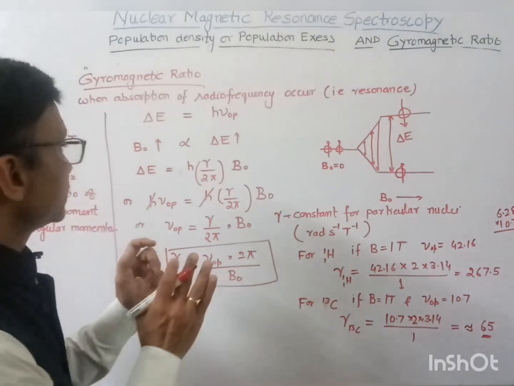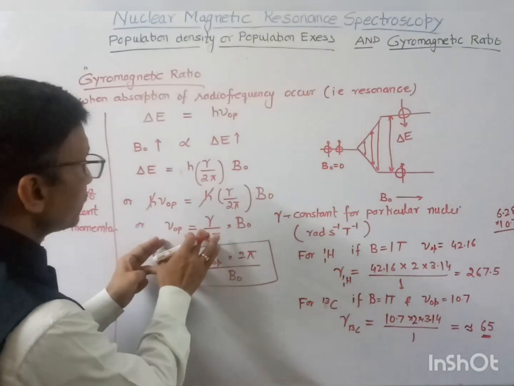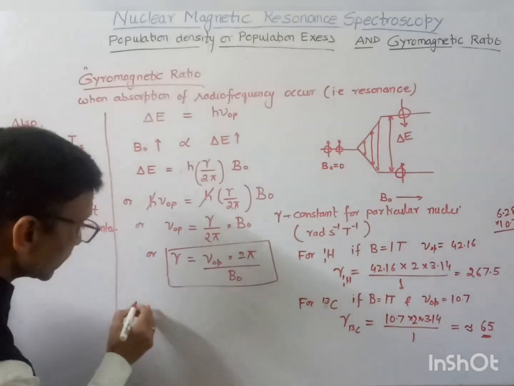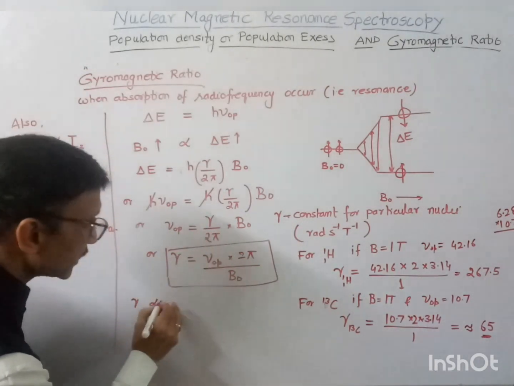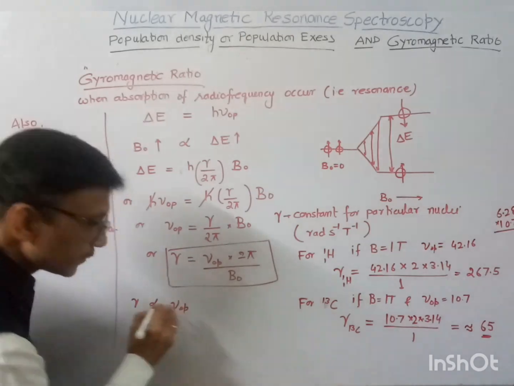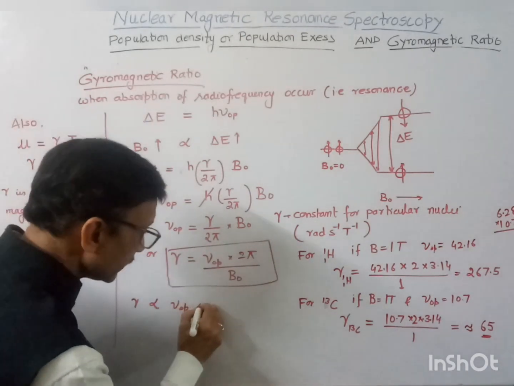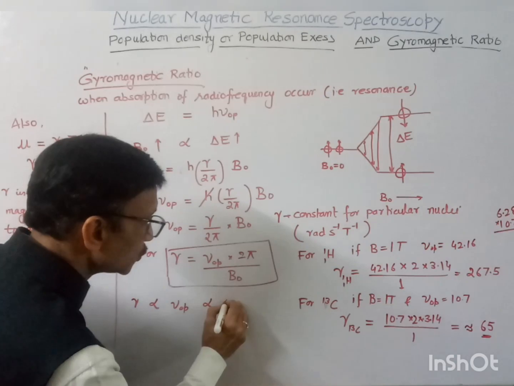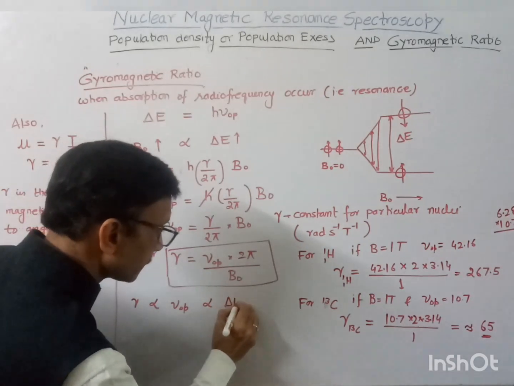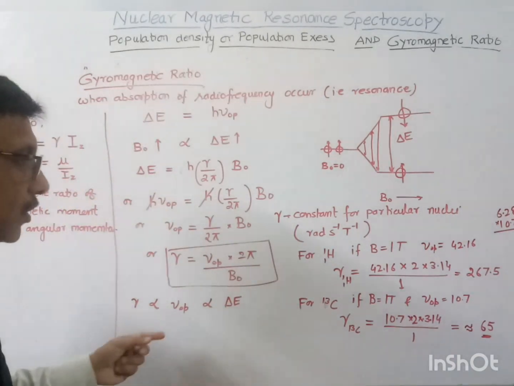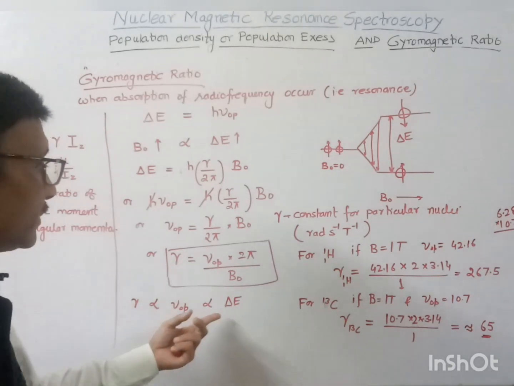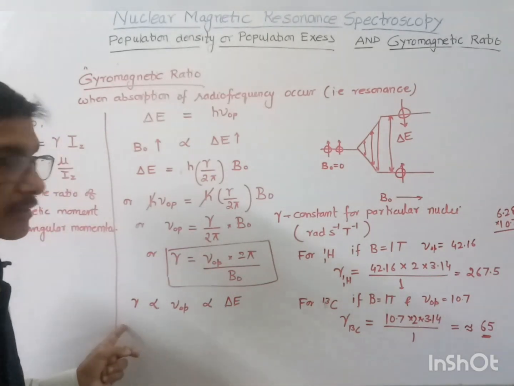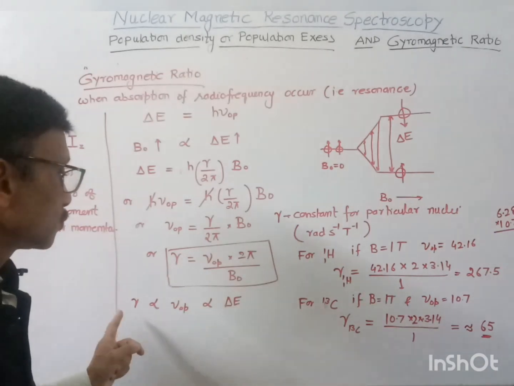Gamma is directly proportional to what? From this relation you can see gamma is directly proportional to nu operating, and in turn directly proportional to delta E. So if the operating frequency is higher, then delta E is higher, and gamma is also higher.